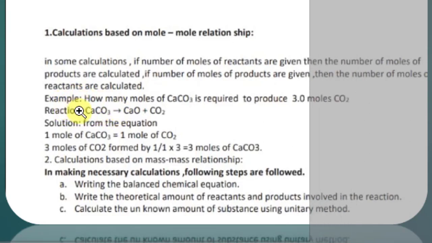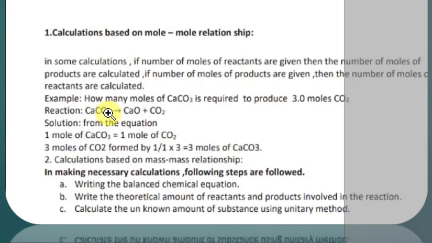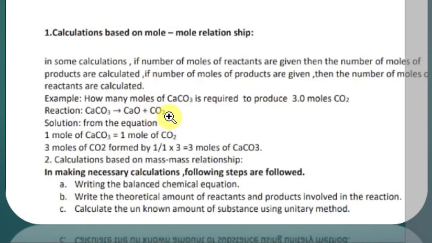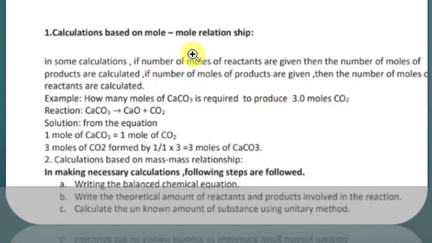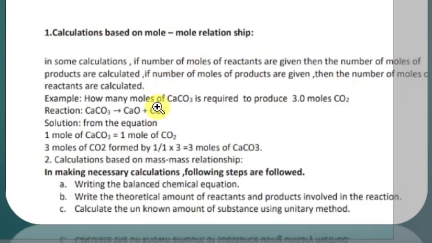Here calcium carbonate breaks down into calcium oxide and carbon dioxide. The earlier example I gave, N2H4 combined with H2O2 hydrogen peroxide to give N2 nitrogen and H2O water. There elements or compounds are combined to form the products. Is it?